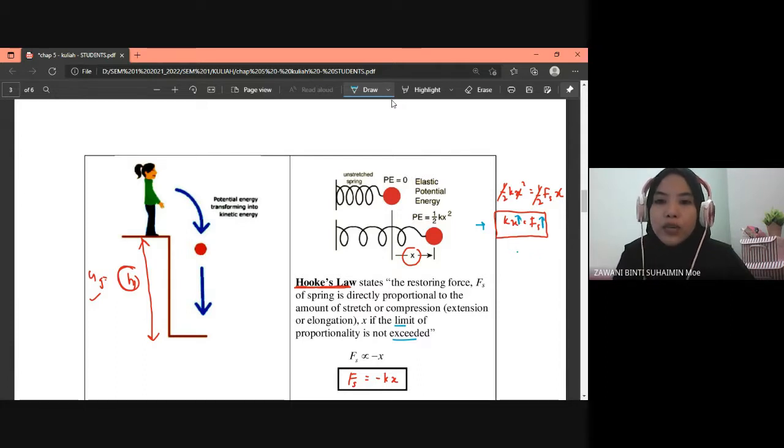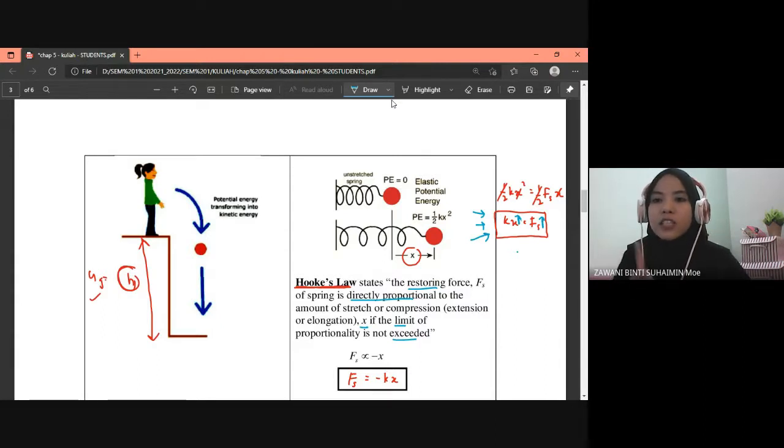So bila you dah over the limit, this relationship dah tak valid, iaitu directly proportional. Maksudnya relationship yang Hooke's law cakap lah, iaitu restoring force will be directly proportional with X. Okay, so selagi limit of the elastic material tu tidak exceed, so maksudnya kita boleh follow relationship ini. Tetapi apabila you exceed the limit, maksudnya you kenakan force yang terlalu tinggi ke atas elastic material tersebut sampai membuatkan elastic material tu tak mampu untuk kembali ke tempat asal dia, maksudnya Hooke's law kita dah tak boleh nak apply.